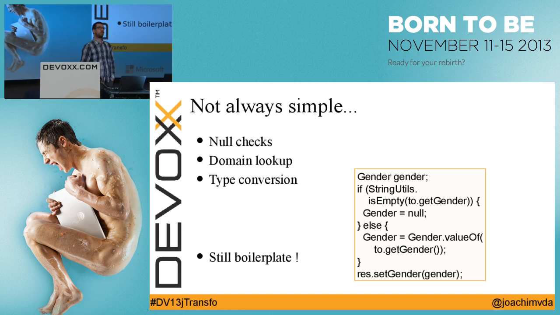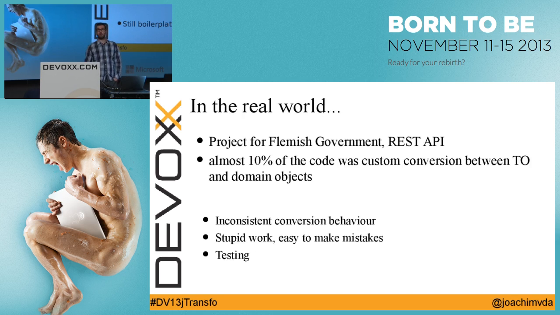For linked objects, you may want to do a domain lookup, or you may not want to do that. You may need to do type conversions, like in the examples I showed. My transfer object had a string as a gender, while it was an enumeration in my domain model. Still, it is all very straightforward code. It is all boilerplate, well, more or less.